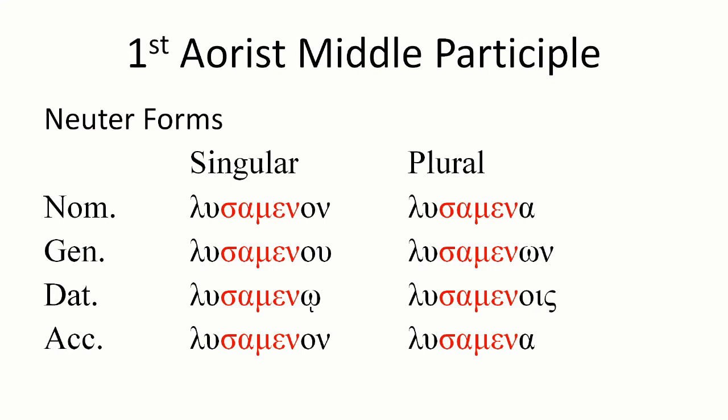And neuters, lusamenon. Accusative then is the same as the nominative, lusamenon. Genitive and dative, lusamenu, lusameno, iota subscript. Plurals, lusamena. Accusative, same as the nominative. Genitive and dative, lusamenon, lusamenois.